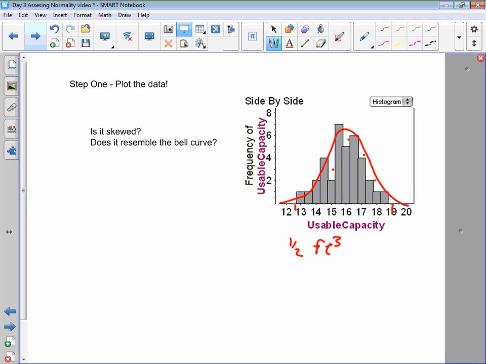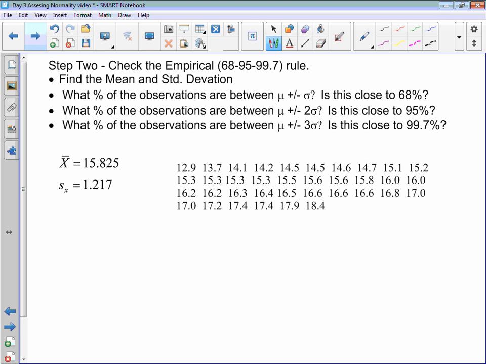So let's look at it. The next thing we can do is the second step. And this is kind of the old way of doing it by paper and pencil: we find the mean and the standard deviation of our data set. In this case, we had a mean of 15.825 cubic feet and a standard deviation of 1.217 cubic feet.